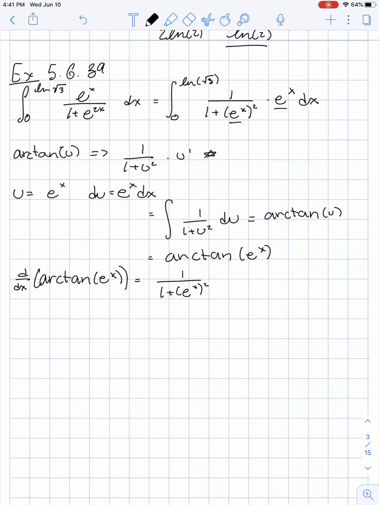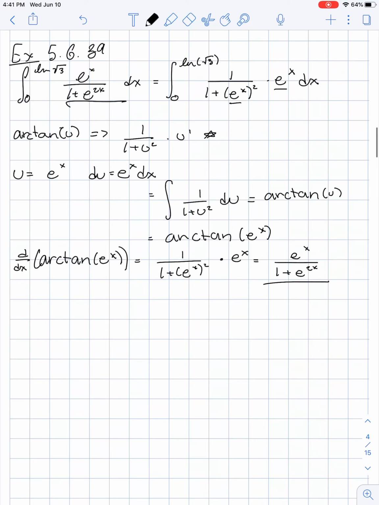That was the derivative of the outside with the inside still the same, times the derivative of the inside. Then I can rewrite that, and I get e to the x over 1 plus e to the 2x. That matches where I started. Perfect. That means I did my choosing u right and taking the antiderivative right, and I got to where I needed to go. So good.